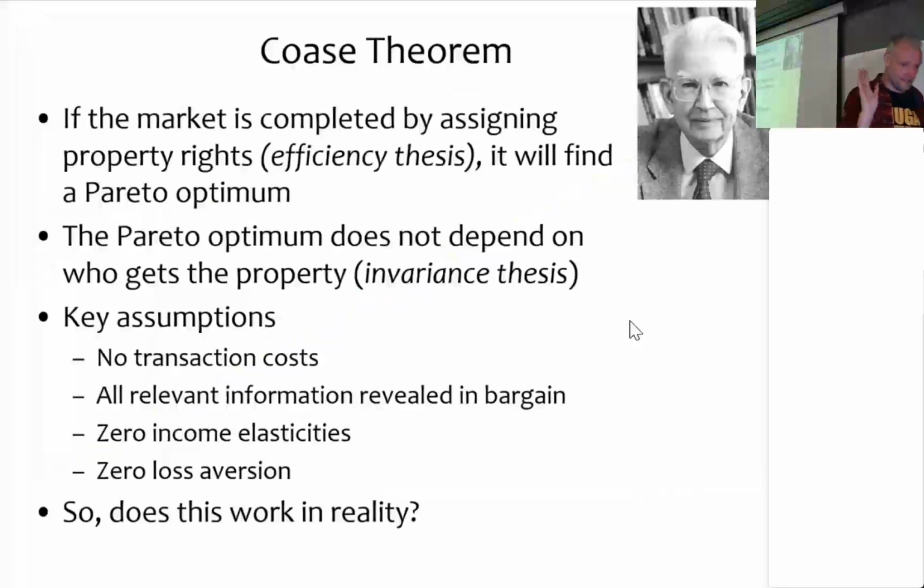Now, he won the Nobel Prize for this and his 1937 paper. And there's more to it, as you may have imagined. There's an entire library about the Coase theorem. What assumptions did we make here, right?